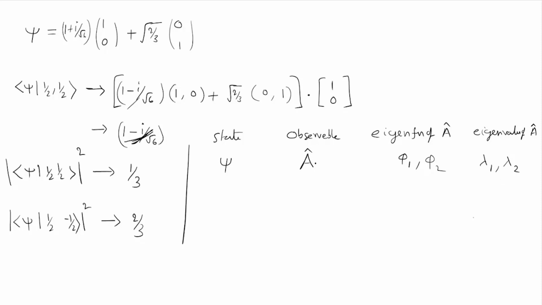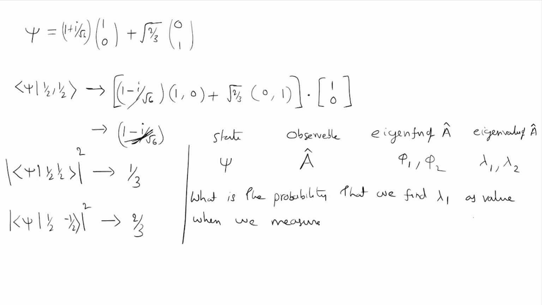I'm measuring this observable on this state. What is the probability that we find lambda 1 as the value when we measure A? This is a very specific question.